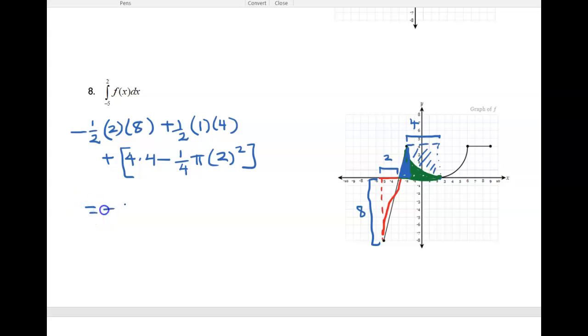So this is -8 plus 2 plus 16 from the 4 times 4 minus, sorry, I don't know why I put a 2 here, but we said the radius was 4. Silly mistake. Radius is 4. I see the radius of 4 there. So this is minus 4 pi. And so that gives me 10 minus 4 pi for my integral.